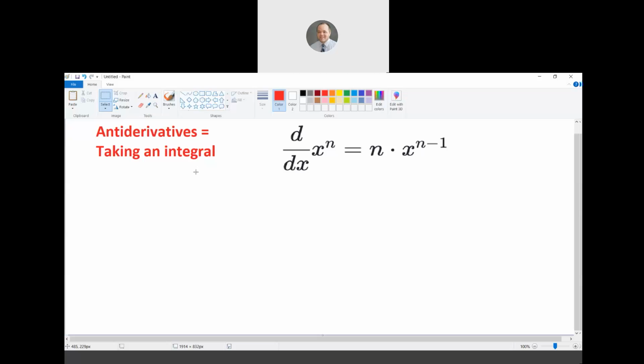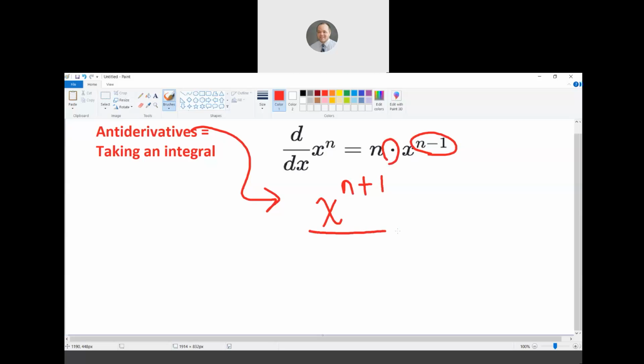With an antiderivative, you are doing the opposite or going backwards. So instead of subtracting 1 from the original exponent, you are actually going to do the opposite and add 1 to it. Instead of multiplying your exponent by some constant that's there, you're going to do the opposite of multiplication, which is division.